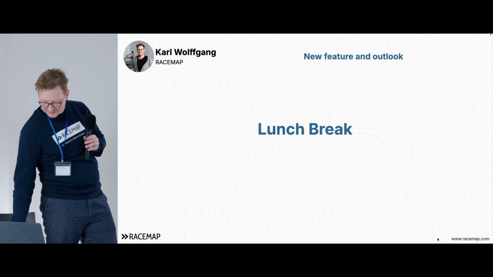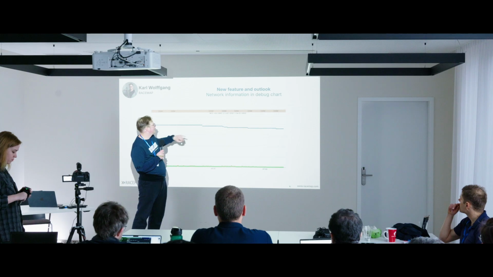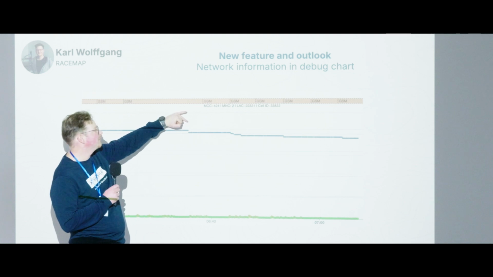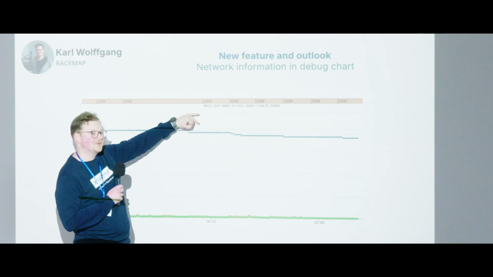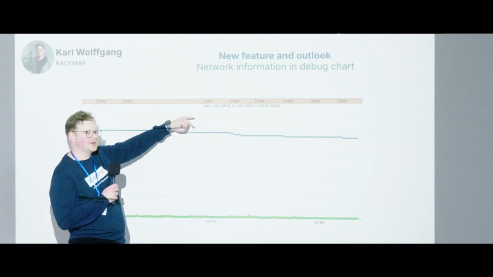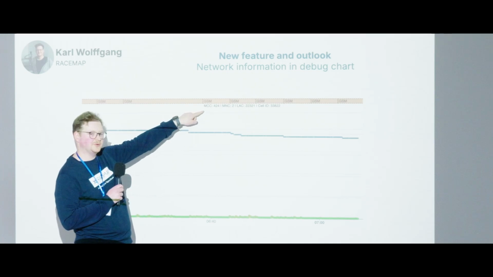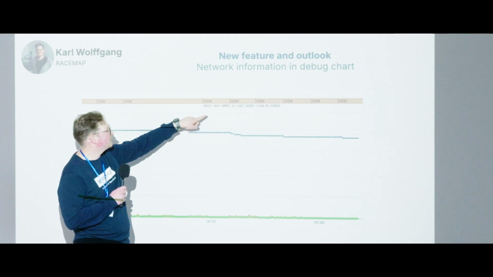Can you explain the information which is now displayed under the brown line? This is a radio type. So, for example, GSM, UMTS, LTE, and so on. And under this is some kind of identification of the cell. So the MCC is a country code. So from this information, you can see in which country your SIM card is registered.